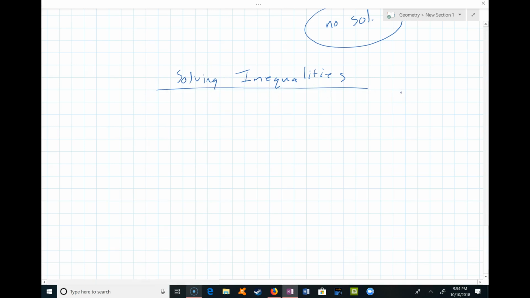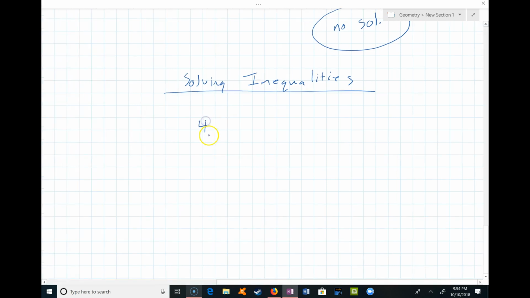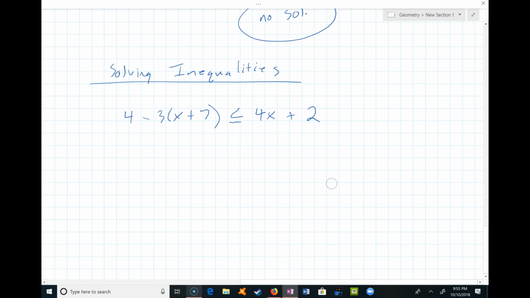Okay, so if we have an inequality like 4 minus 3 times (x plus 7) is less than or equal to 4x plus 2. Like an equation, your goal is to get an x by itself on one side and numbers on the other side of the inequality.